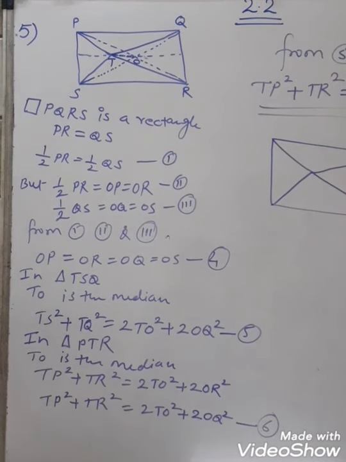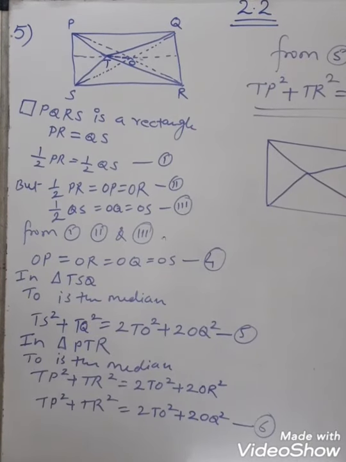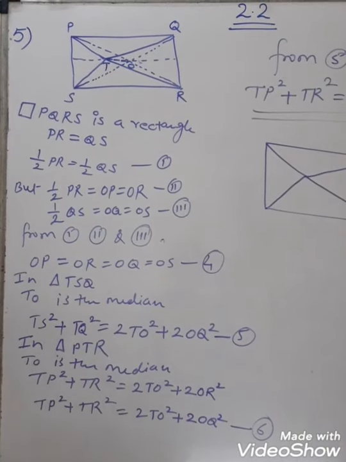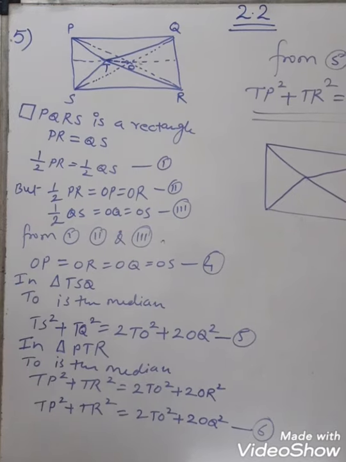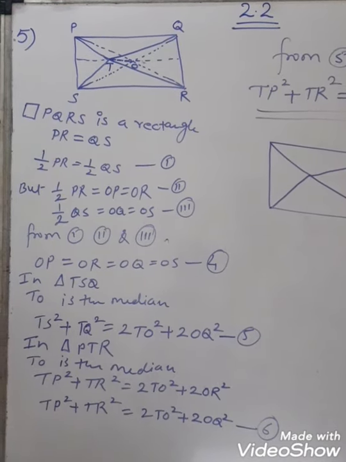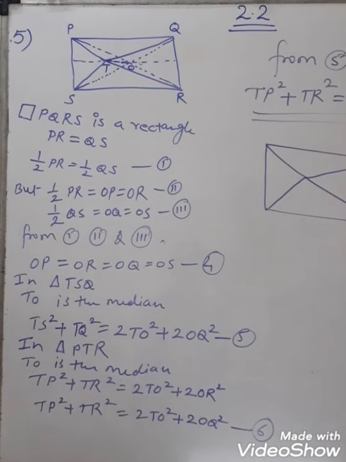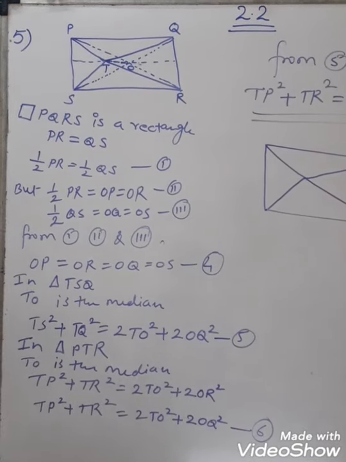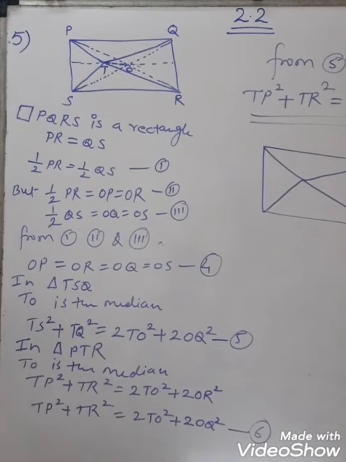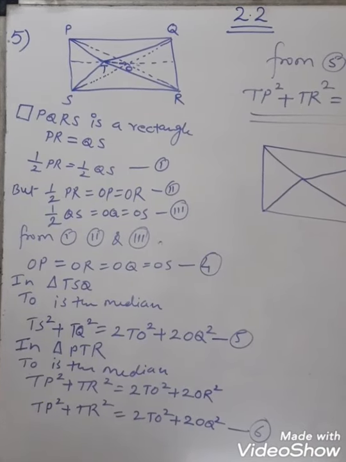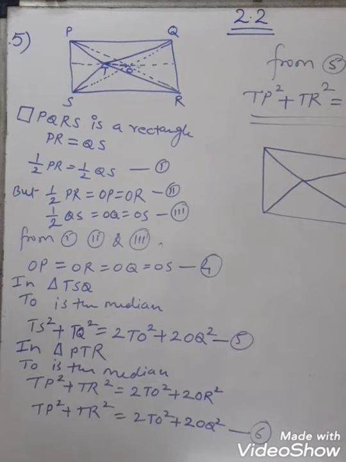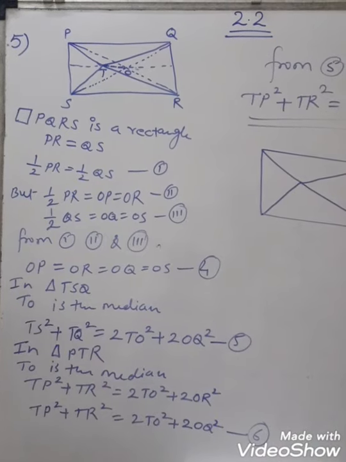In the fifth one, it is given a point T is in the interior of a rectangle PQRS. And you have to prove TS square plus TQ square equals TP square plus TR square.